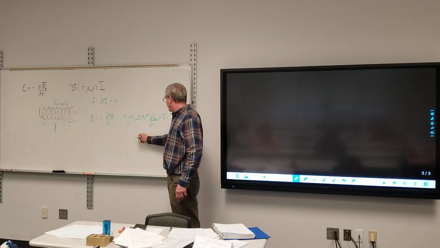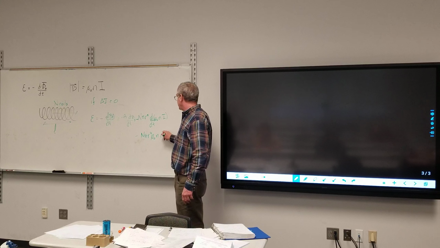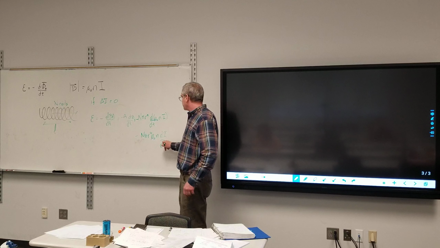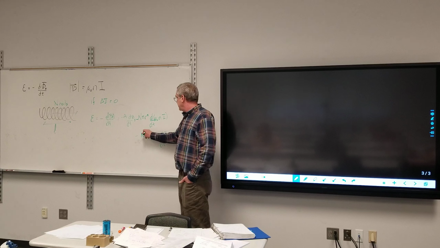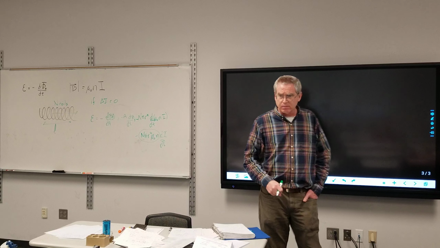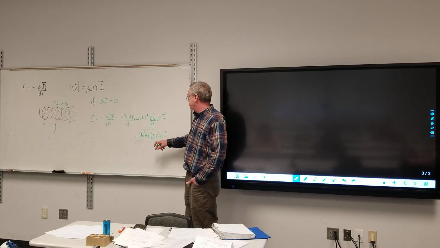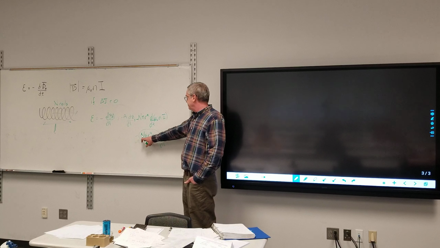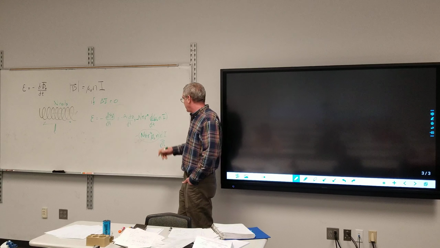And so I have negative N pi r squared mu naught little n di/dt. This is dependent upon the configuration of the solenoid. Pi and mu naught are constants, but N, r, and little n are all related to that.